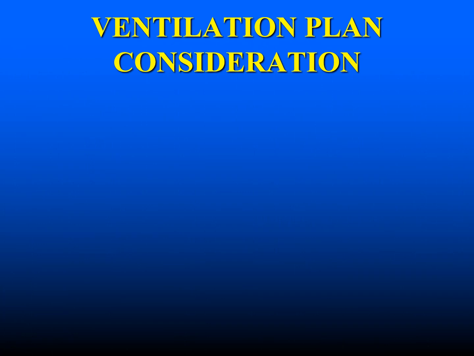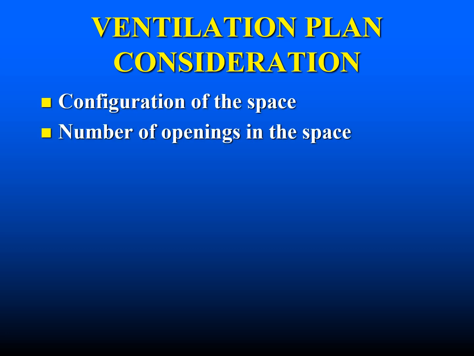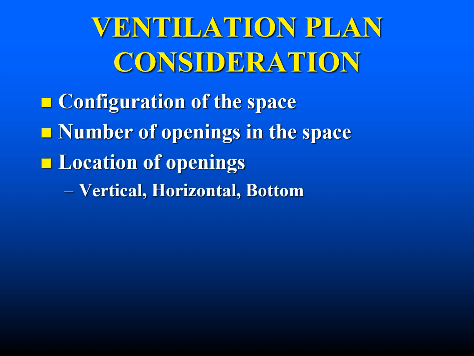I now want to talk about some considerations for our ventilation plan. We have to take into account the configuration of the space, the number of openings in the space, the locations of the openings, whether they're vertical, horizontal, or at the bottom.